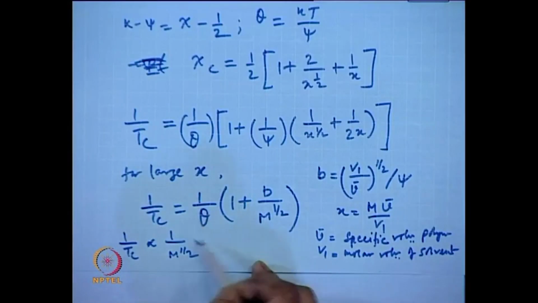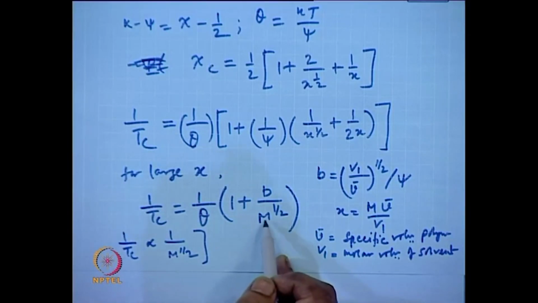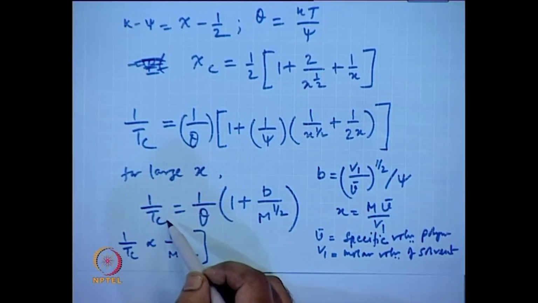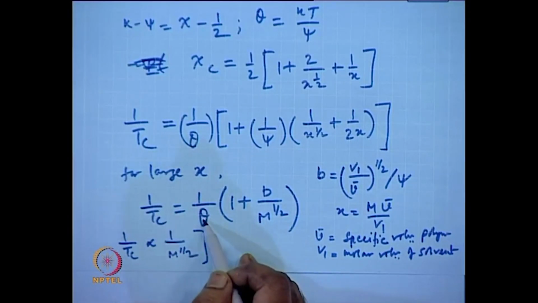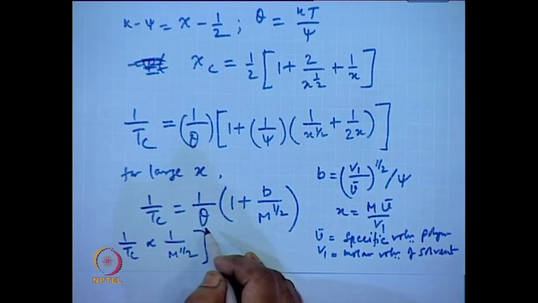Now, this expression also throws up one more interesting conclusion, that if say molecular weight is very high, close to infinity, then 1 by T c would be equal to 1 by theta, or theta would be equal to T c. Okay.